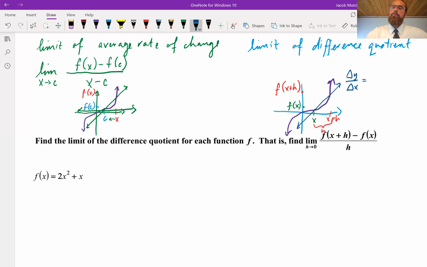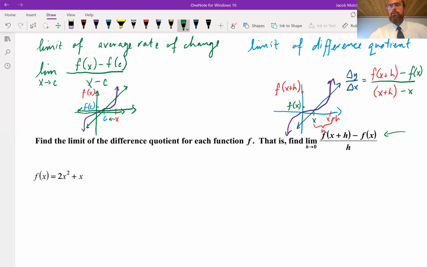So the slope of that would be f of x plus h minus f of x. Notice how it's forming this numerator just like we're seeing down here in the example, and that's all over x plus h in parentheses minus x.